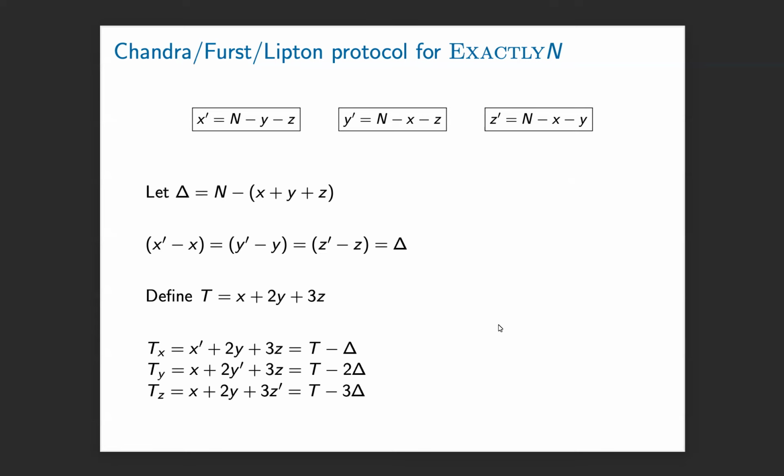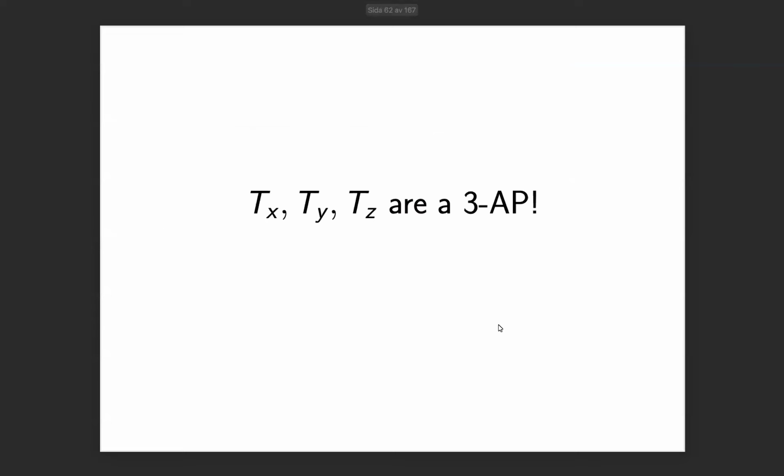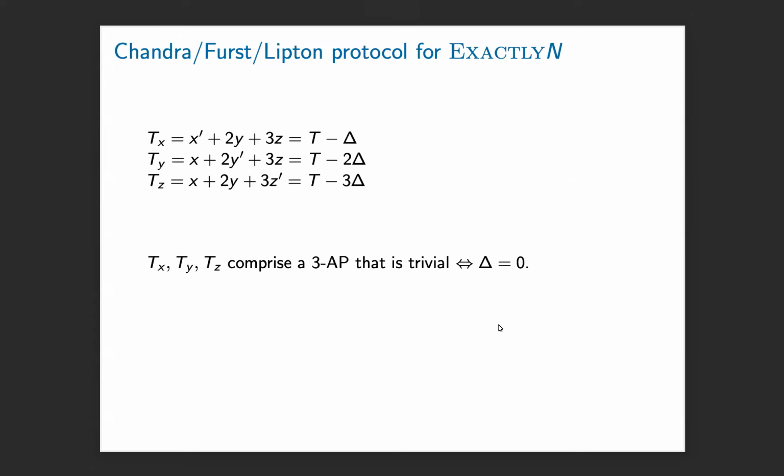Similarly, Bob and Charlie can compute their guesses, getting t minus 2 delta and t minus 3 delta. And these values are a 3-term arithmetic progression. They're a 3-term arithmetic progression that is trivial, that is a singleton, if and only if delta is equal to 0. And that happens exactly when exactly n evaluates to 1.